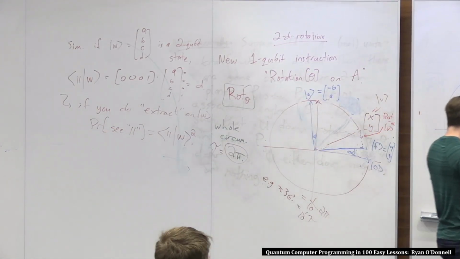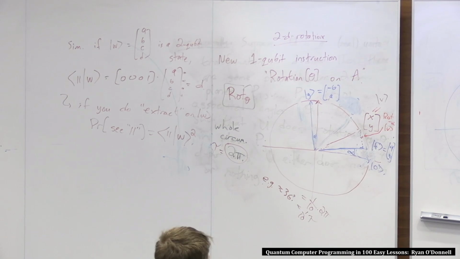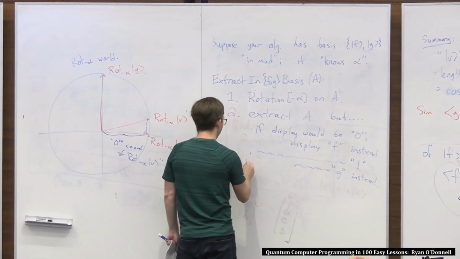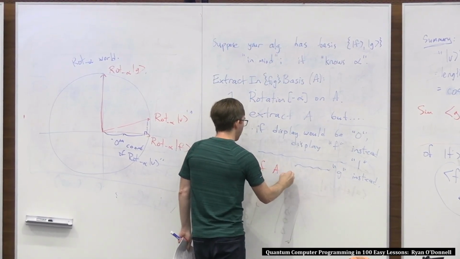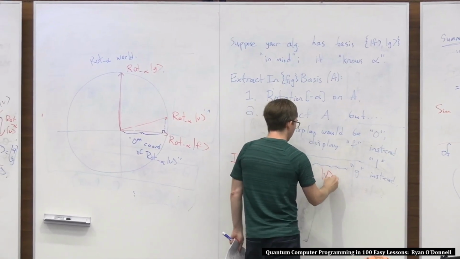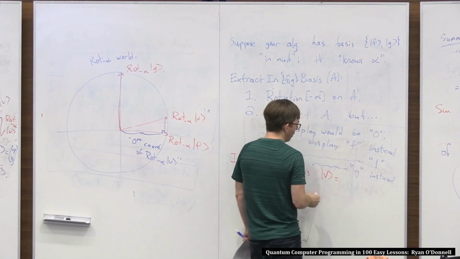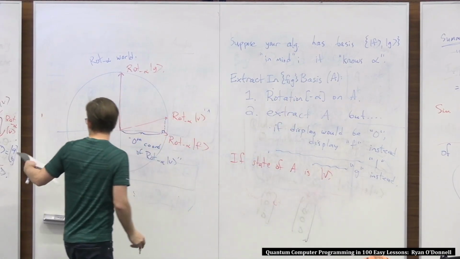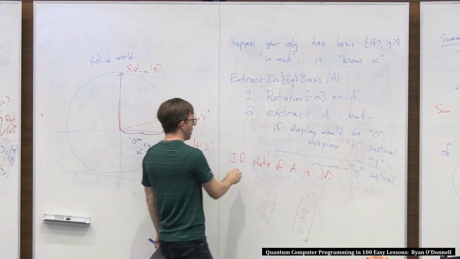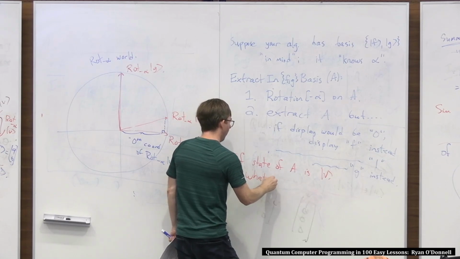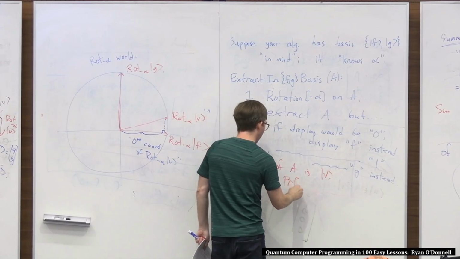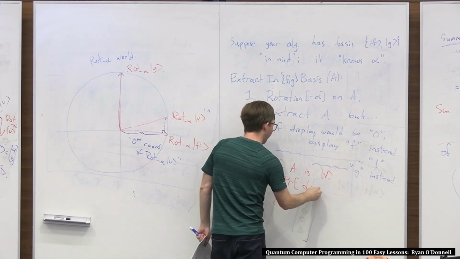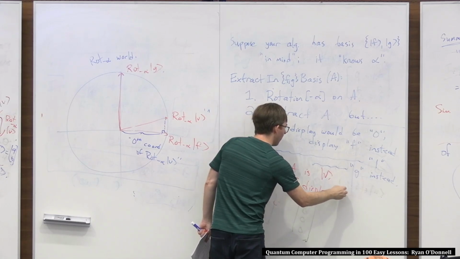Okay, now we might ask, what happens when you do this on a generic qubit? So let's say the state of A is V, this one that we've been talking about. What is the probability that the final display is F?